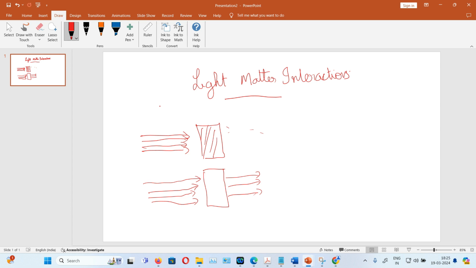We will deal with what happens if light is incident on a transparent material, and now we will see what things are affected. So what happens to an object? This is opaque, this is transparent.